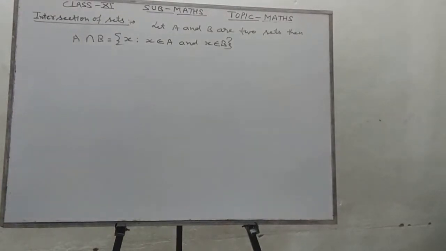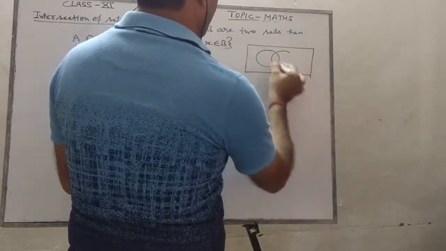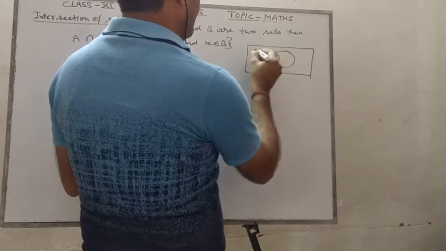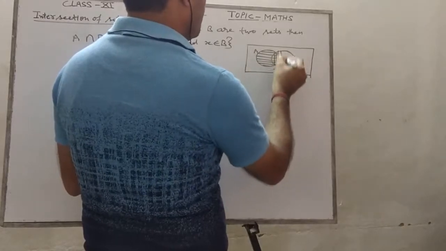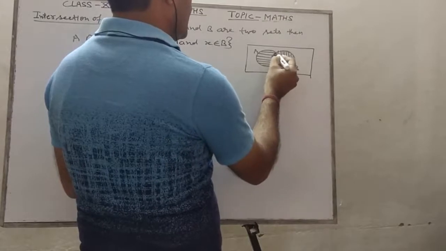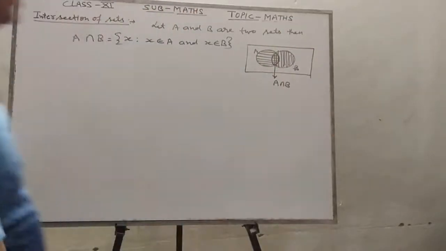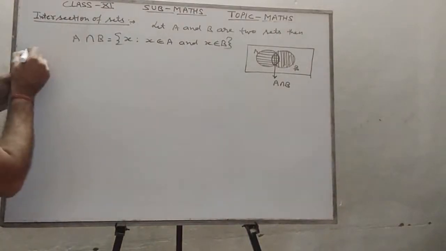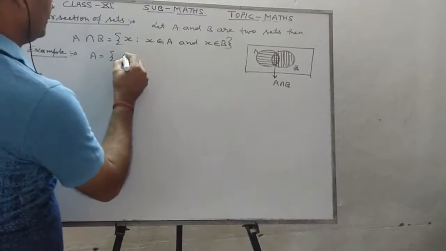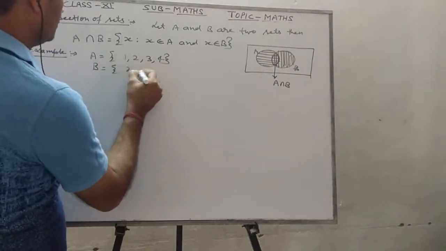With the help of a Venn diagram, you may understand it like this: this is set A and this is set B. The horizontal lines are representing set A and the vertical lines are representing set B. Then the double shaded portion, the portion that is shaded by horizontal lines as well as vertical lines, will denote A intersection B. Say for example, A equals 1, 2, 3 and 4 and set B equals 2, 3, x, y.